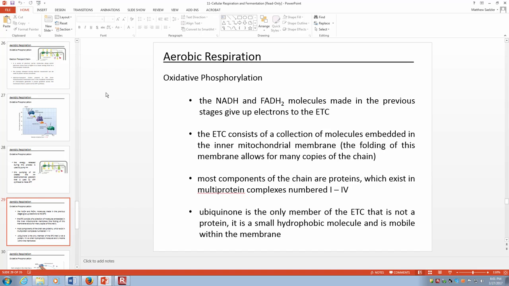The electrons from the NADH dehydrogenase complex are then passed to ubiquinone. And then from ubiquinone, the electrons are passed to the cytochrome BC1 complex, which we said also pumps hydrogen ions into the intermembrane space.